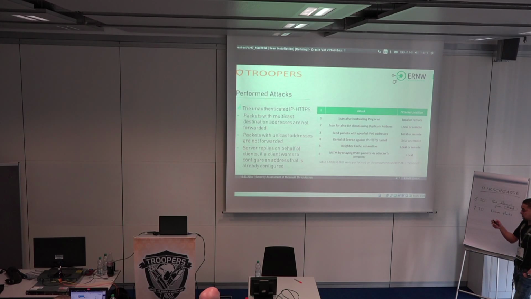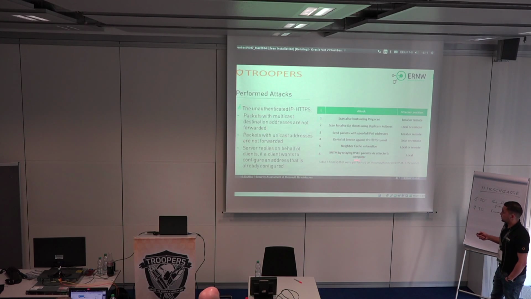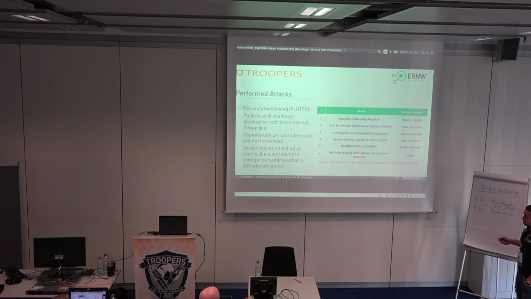Man-in-the-middle attack. Actually, this was a really interesting attack, because the IPHTTPS tunnel is the only tunnel that is used by the client to transfer the IPsec packets. But in this case, I used an ordinary fake router advertisement that has all the same parameters that are normally advertised by the router advertisement, and I was able to establish a new IPsec connection through the attacking machine.